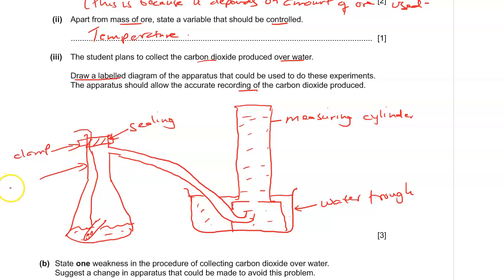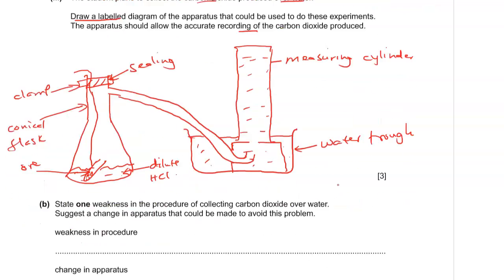This is the conical flask. This is the acid in there. This is the dilute HCl. Yeah, I think that is a good diagram.